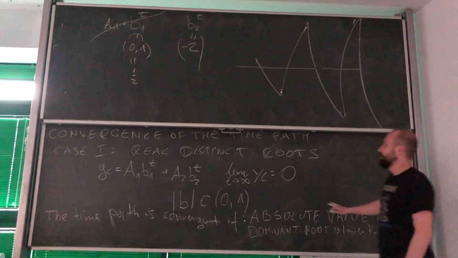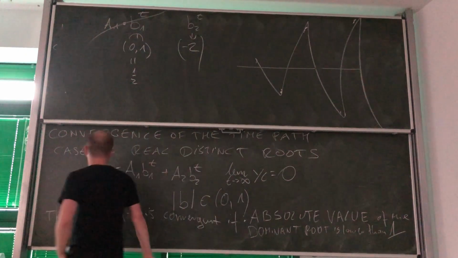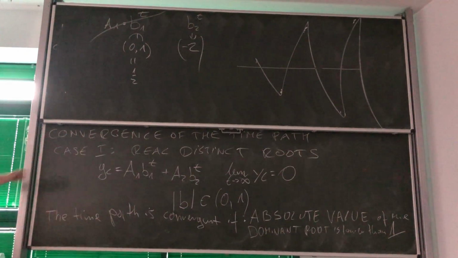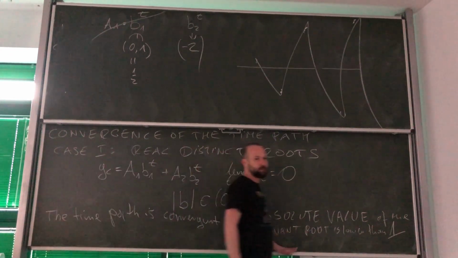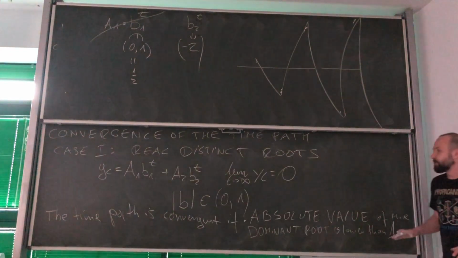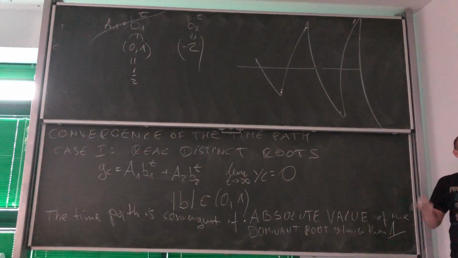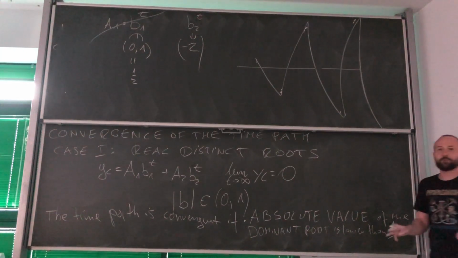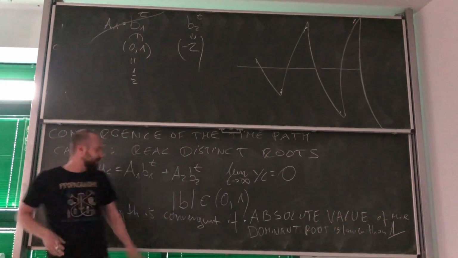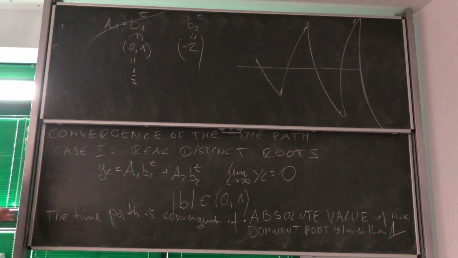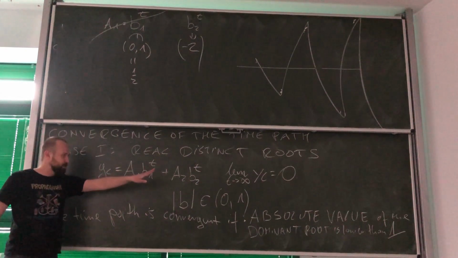So, basically, when we found the solution, first we must look for the dominant root. What is the dominant root? This is the root that is the biggest in terms of absolute value. So, if we actually got two roots, the smaller one we can simply disregard.